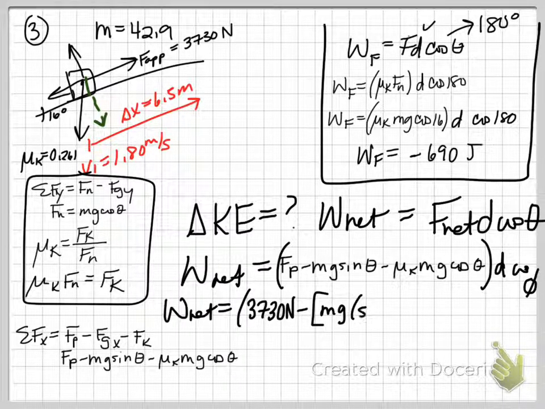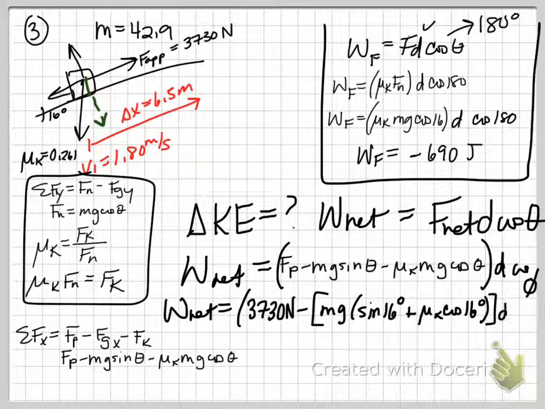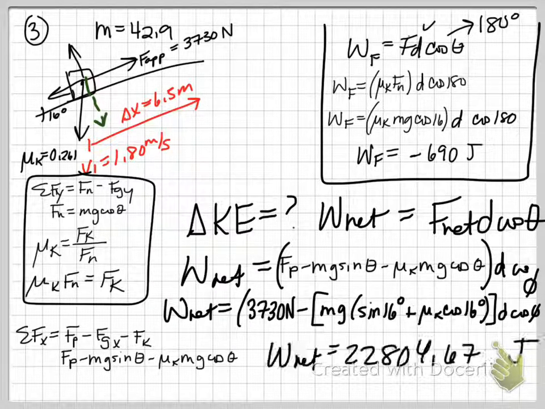Mass gravity times sine 16 plus mu k cosine 16 times distance times cosine 0. Okay, let me put some numbers in there. Okay, so I do get 2,300 joules. Sorry about that. I don't know what I did. I'm going to have to go back and look at my calculations.